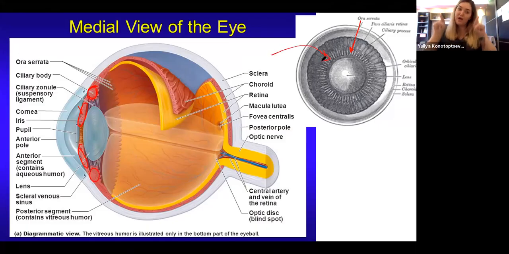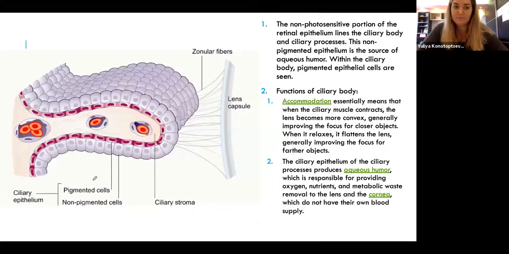It's a ring around the lens, literally. It's kind of enveloping, how do you say it, it fully coats the lens on the outer part of it. Does it make sense? So it's not just an upper and a lower structure, a top ciliary body and a bottom ciliary body. No, it's a ring around the lens itself.